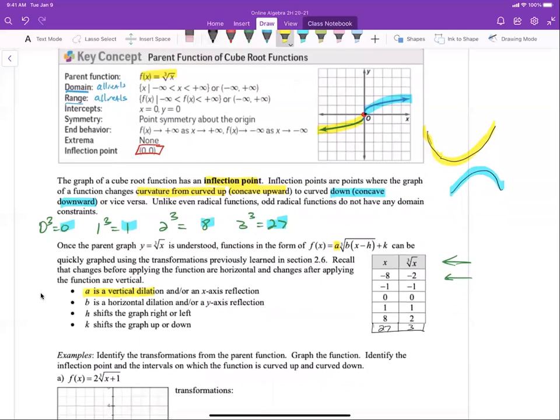And if it was negative, it would be an x-axis reflection. The b value is inside the parent rule, and because of that, it is horizontal or a y-axis reflection. h is inside the parent rule, so it is in the horizontal direction. So it's going to shift it right or left, which is horizontal. k is outside. It's going to shift it up or down, so that's vertical.